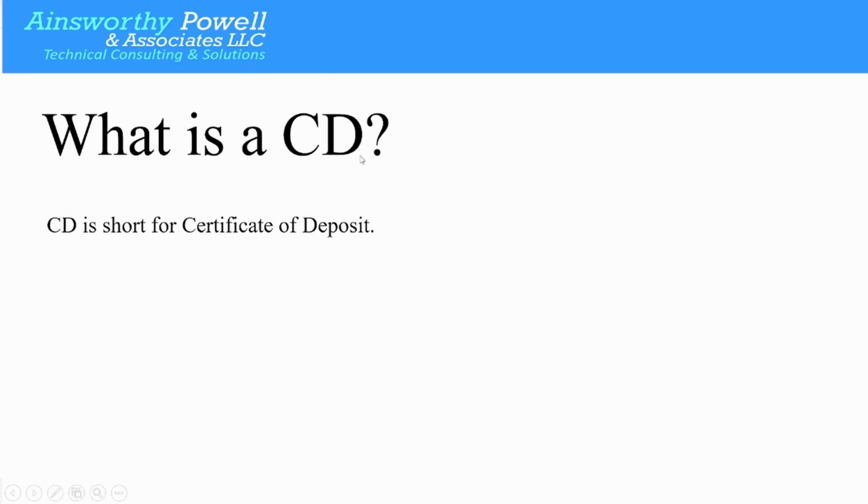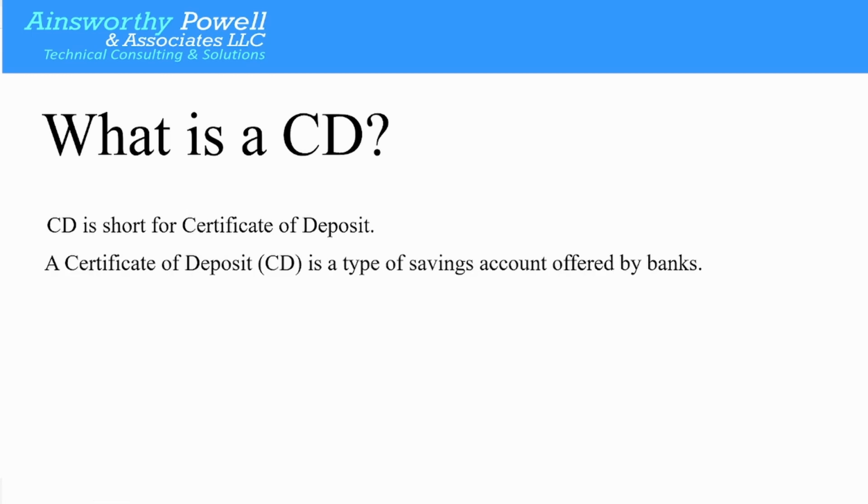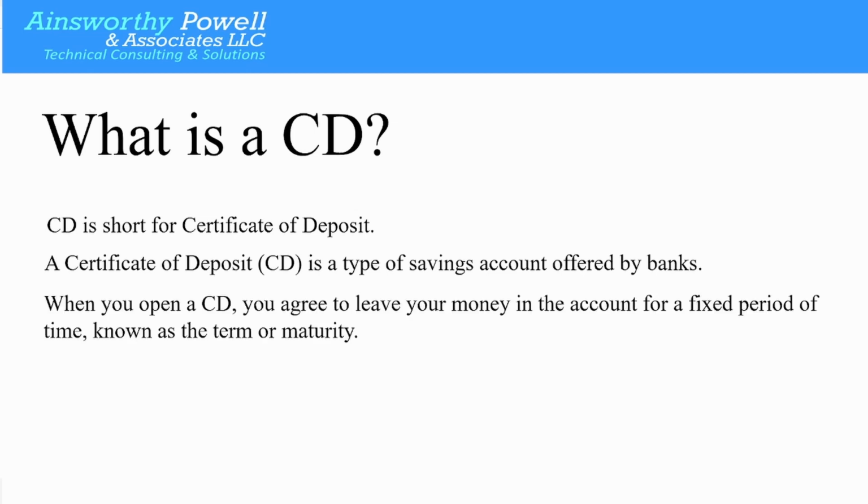A certificate of deposit is a type of savings account offered by banks. And we said, when you open a CD, you agree to leave your money in the account for a fixed period of time, known as the term or maturity.